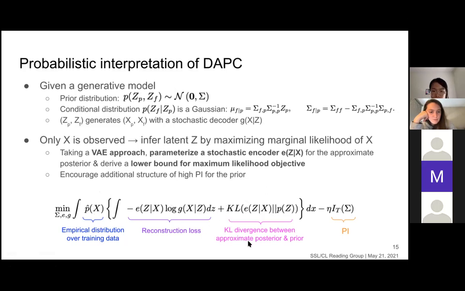And this term is the KL divergence between the approximate posterior and the prior. Remember, our prior is a Gaussian, and the final term is just the PI term.